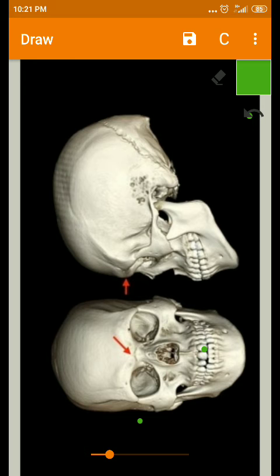When the teeth are in firm approximation, that means when the teeth are coming in contact, when the central incisors of both maxilla and mandible come in contact, then that position is called maximal intercuspation, or the occlusal position.